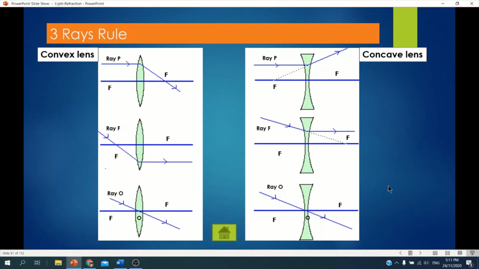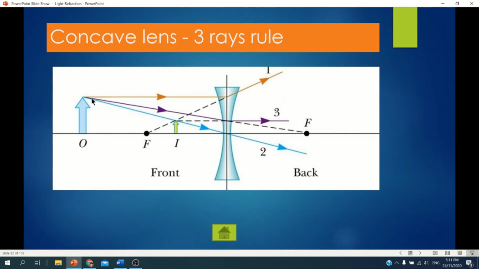All right. Now with these three rays, we are going to draw image. All right. So let's look at this brown ray. So what ray is this? This is ray P. So ray P, because it's parallel to the principal axis, is refracted, diverge from F. Okay, so we trace back from F. So we know the angle of the refraction.